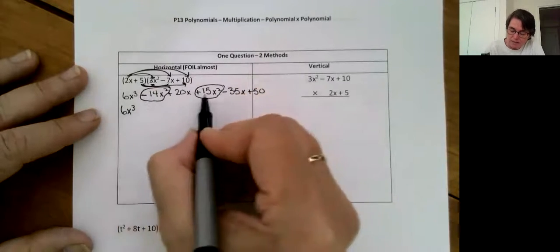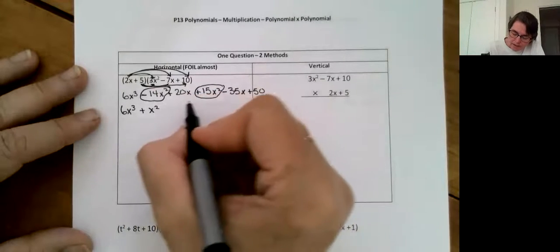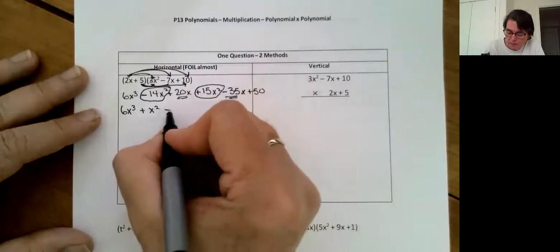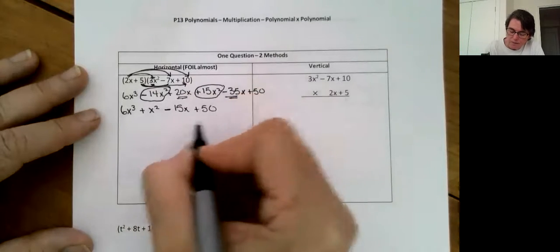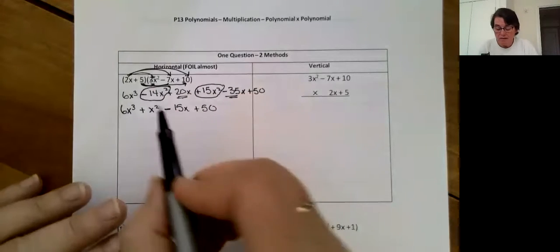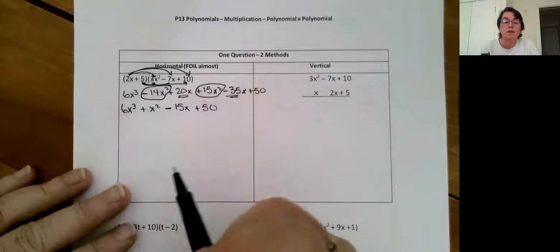So minus 14 and plus 15 is plus x squared. Now I've got 20x and minus 35x, so it should be minus 15x, plus 50. It's not bad, but you really have to be careful when you go to collect your like terms, and take your time, draw the arrows.